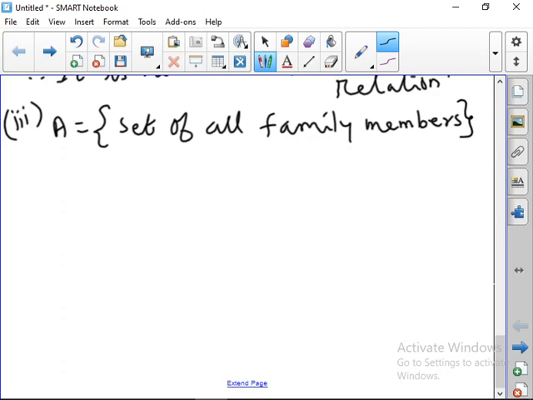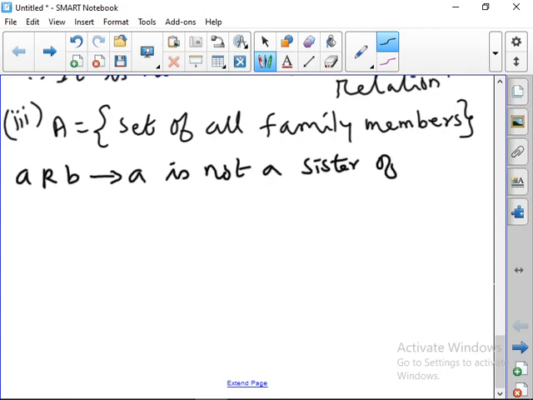Then here the relation is defined by A is related to B if A is not a sister of B. A is not a sister of B.